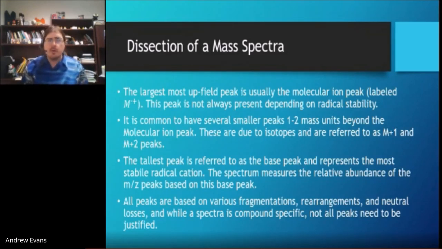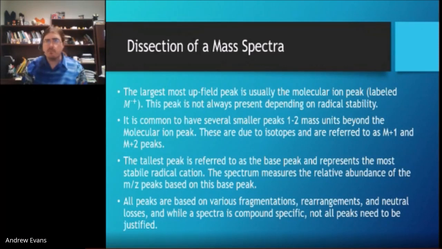So you're often going to see small blips from an M+1 peak and an M+2, and their intensity is related to the isotopic abundance, the likelihood of one molecule in a whole compound having the +1 isotope or +2 isotope.